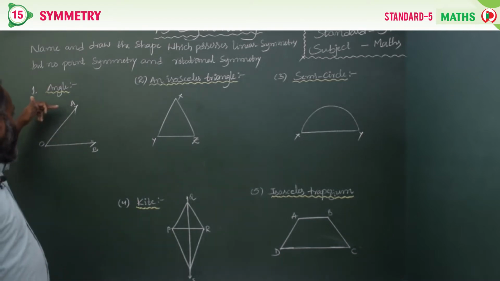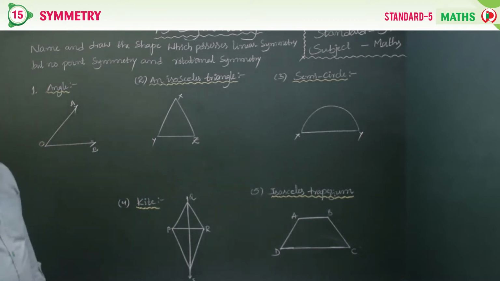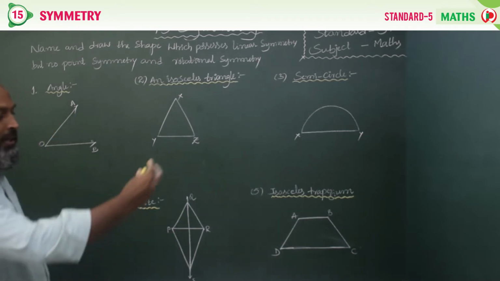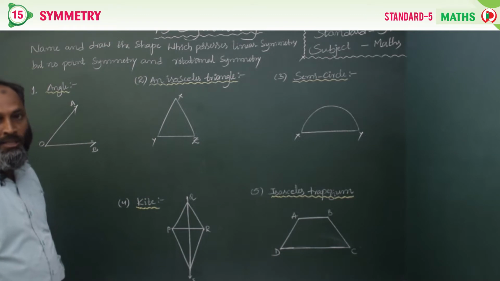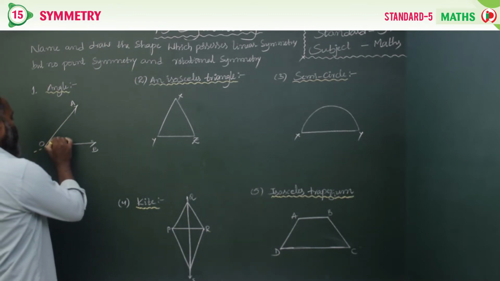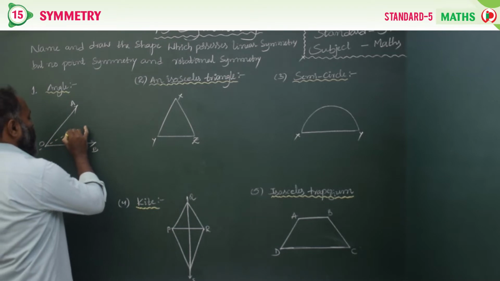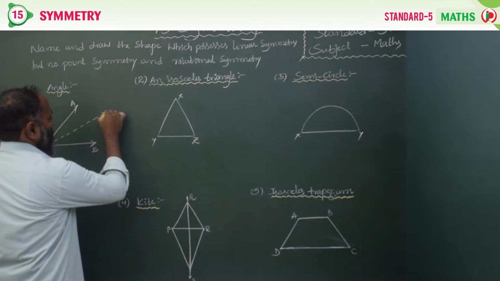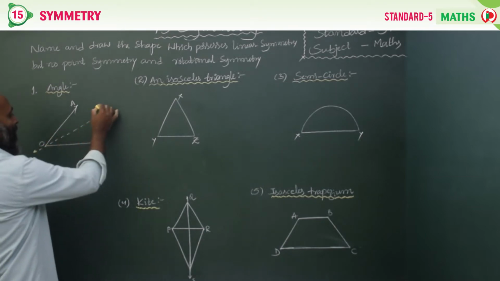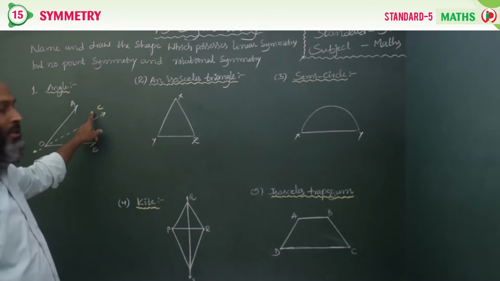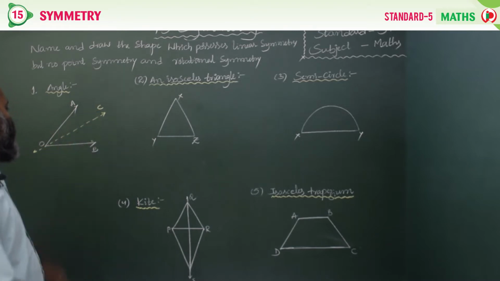So, this AOB is an angle. If you draw an angular bisector of this angle, it divides the angle into two equal halves. That means angle AOC is equal to angle COB.